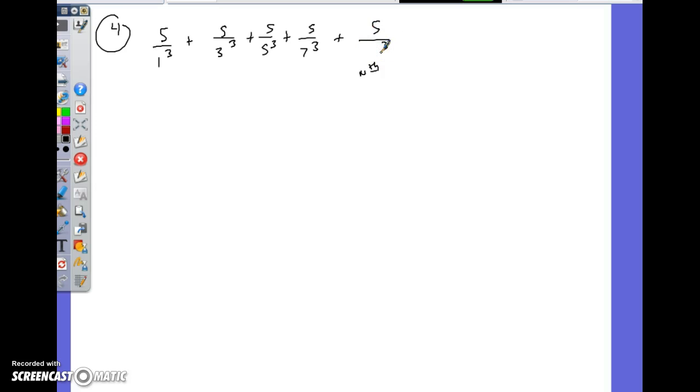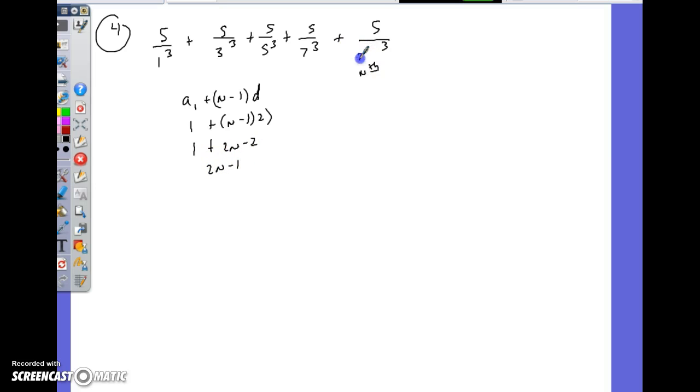That's arithmetic. So the arithmetic would be a1 plus n minus 1 times the common difference. So first term is 1, n minus 1, the difference is 2. I'm going to go ahead and simplify this just to make my life a little better. So 1 plus 2n minus 2, or 2n minus 1.